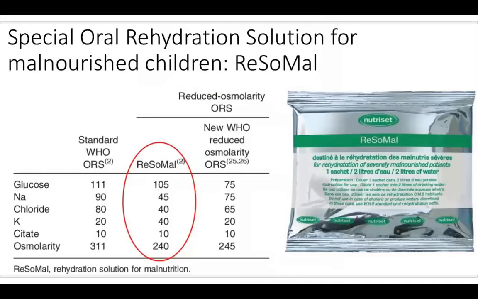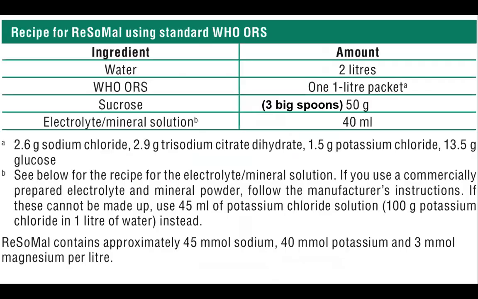As you can see, the standard ORS has high sodium, but ReSoMal has low sodium, which is more suitable for malnutrition. If you don't have ReSoMal sachet, you can also use ORS sachet and mix it with more water and more sugar to become ReSoMal.